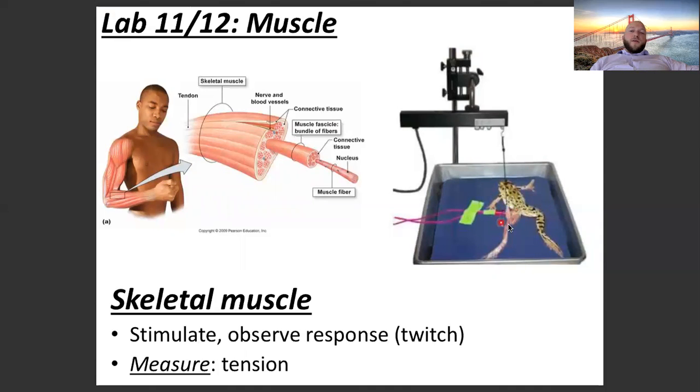So we're going to be looking at spatial summation in this first part of the frog muscle lab.